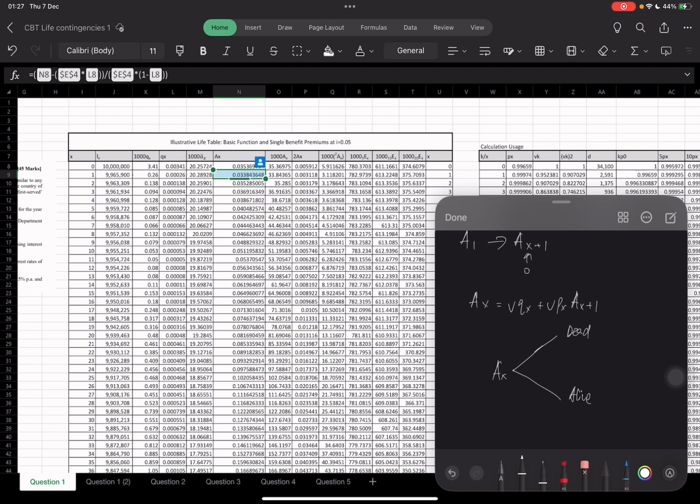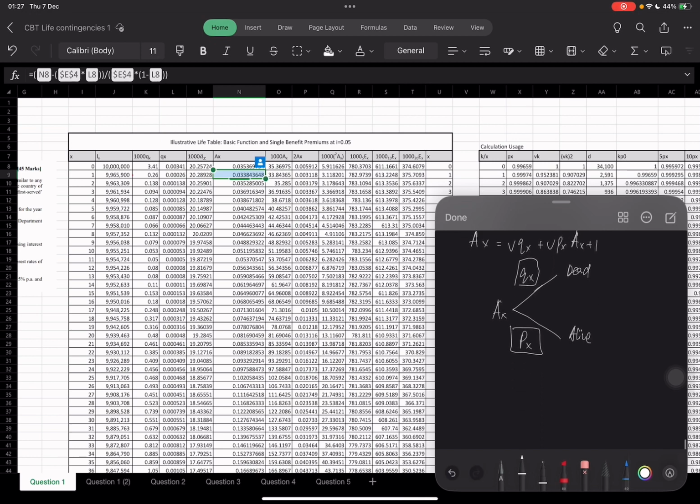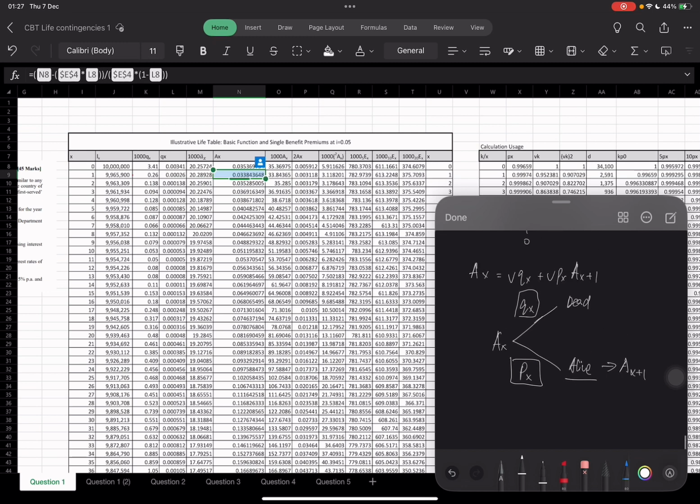If the person dies, the probability is the death rate. If a person is alive, the probability is the survival. So when a person is alive, he will continue to have a whole life insurance benefit of A(x+1). We develop the probability of the formula using this equation.